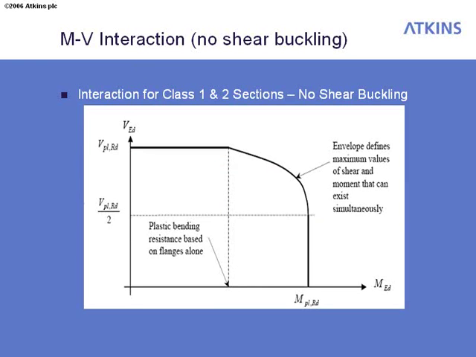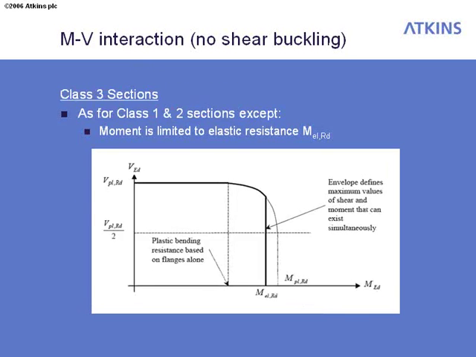The difference is less for class 1 and 2 sections, but it's bigger as we go along, and I'll show you the diagrams later on for the other sections. For the class 3 section, again, the diagram is based on the plastic moment resistance, even though it's the elastic resistance that will govern your moment design within that section.